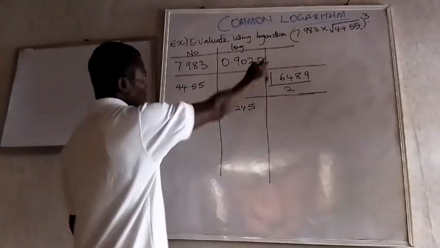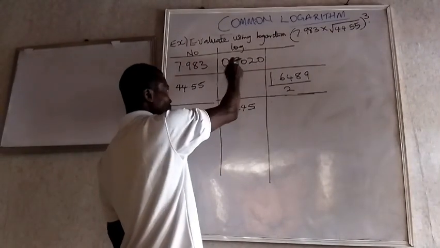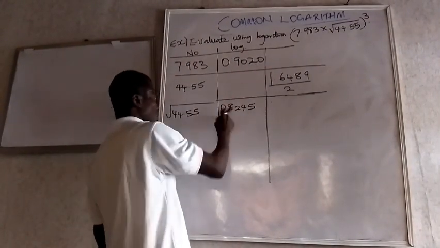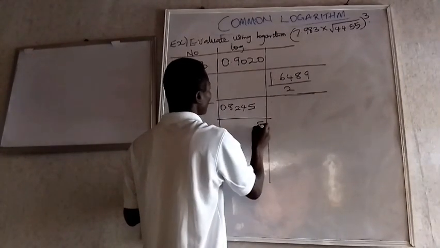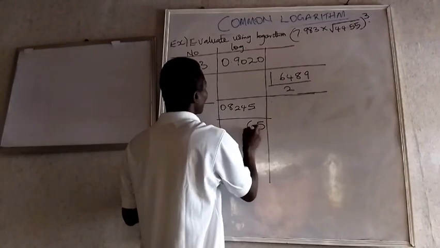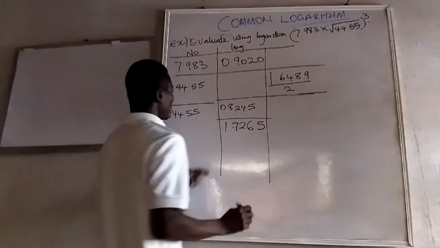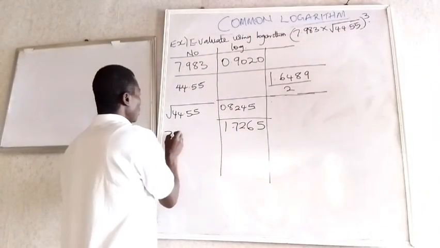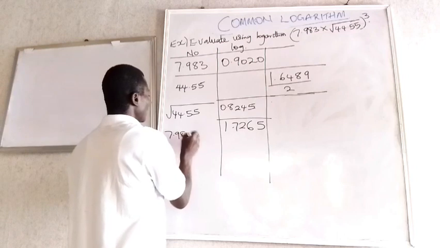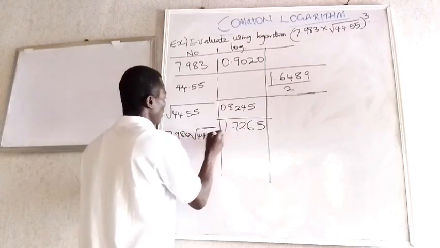Now, the log of the product is the sum of the log of each. Now this is going to give me 0.9020 plus 0.8245, which is the log of the product, that is 7.983 times the square root of 44.55.